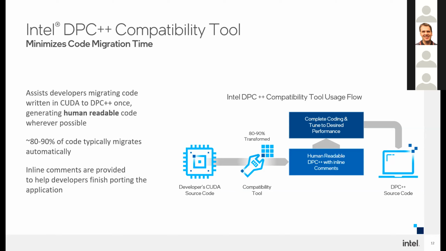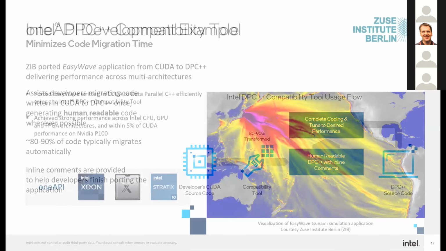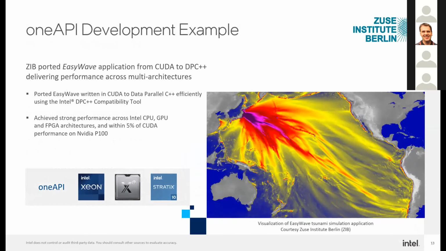And it also points you to those elements which could not be ported. And that is something which is then a manual process in order to, at the end, generate the DPC++ source code. I have here an example from ZIB.